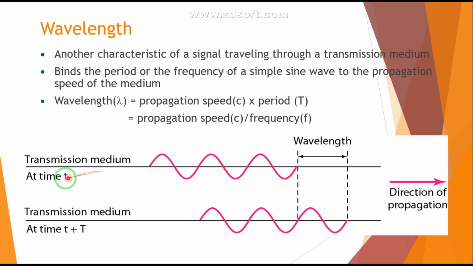This is a transmission medium at time t, and it is delayed by capital T, t plus T. And this is nothing but your wavelength, which is equal to propagation speed into period, time period. That is the speed at which the wave is going to travel, and this is the direction of your propagation.